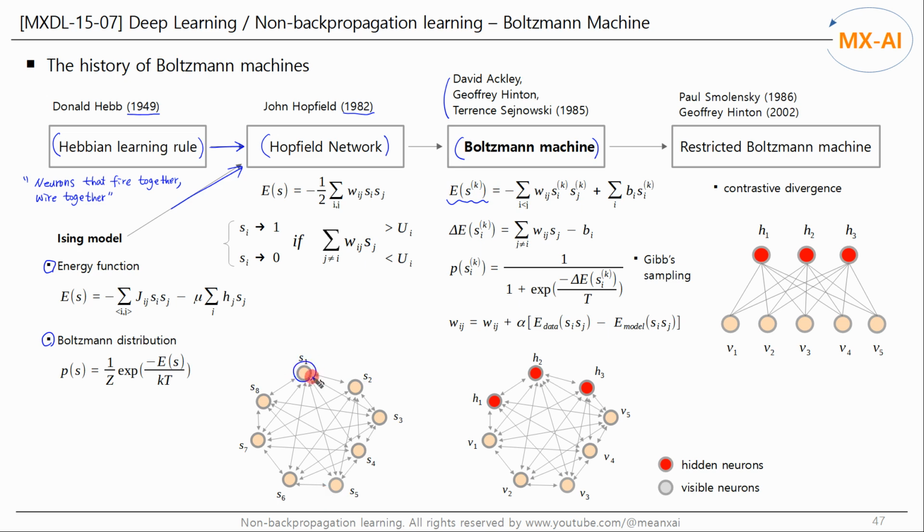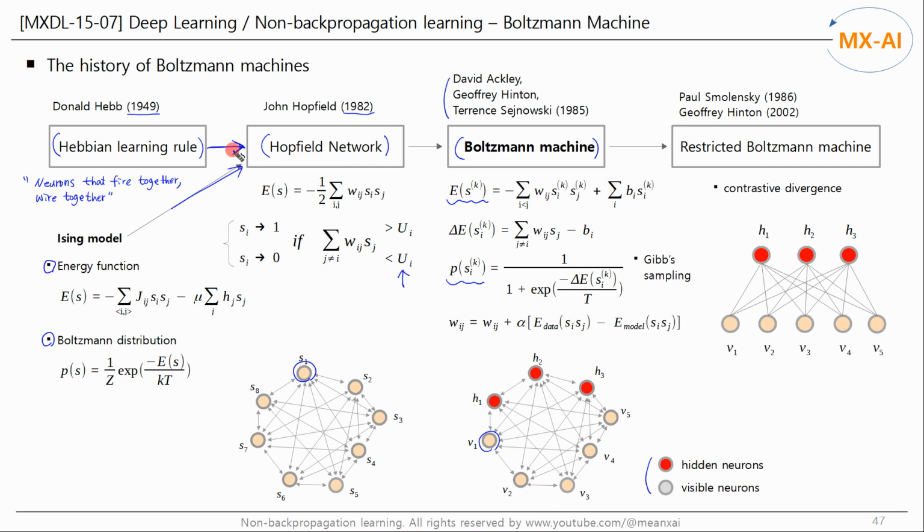First, in Hopfield networks, neurons are binary threshold units, whereas in Boltzmann machines, neurons are stochastic units. Second, a Boltzmann machine consists of visible and hidden neurons. That is, a Boltzmann machine is a stochastic Hopfield network with hidden neurons.